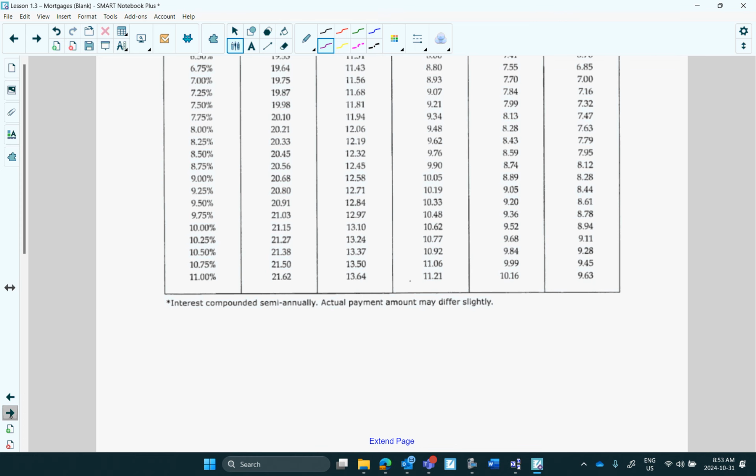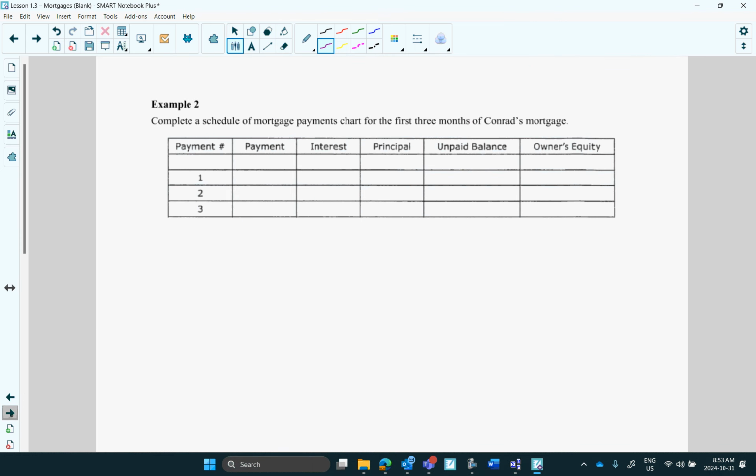Another thing that you need to be familiar with is a table like this, where we need to calculate, like we're going to take his loan, we know how much he pays per month, we're going to break that down into, okay, that amount that he pays per month, how much is interest, how much goes towards the principal.